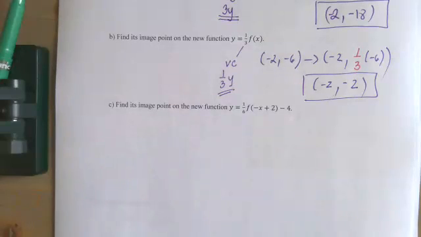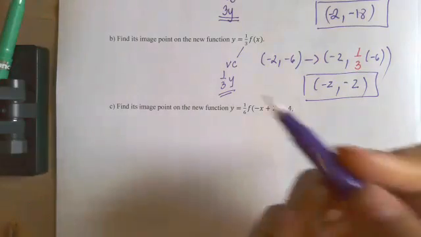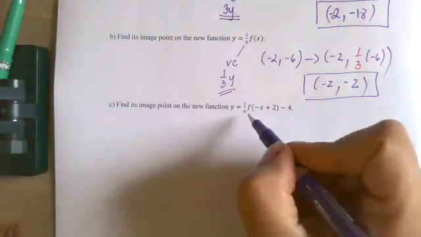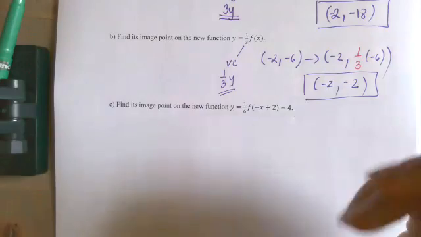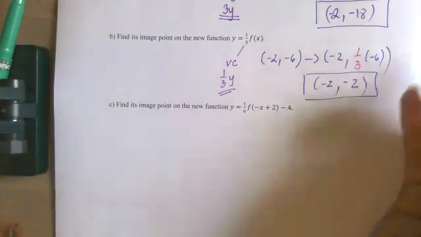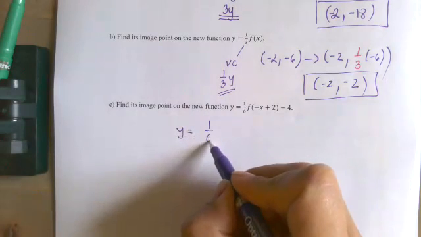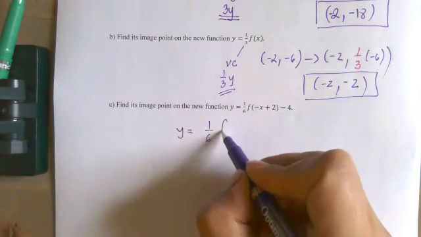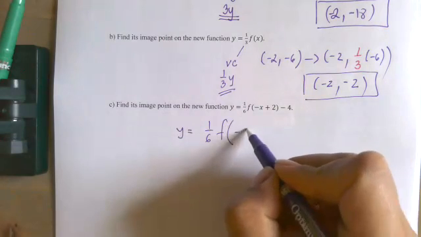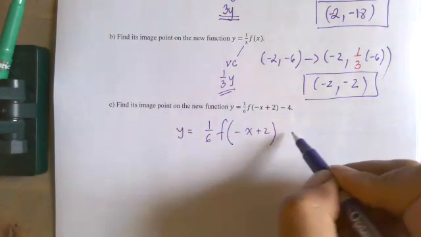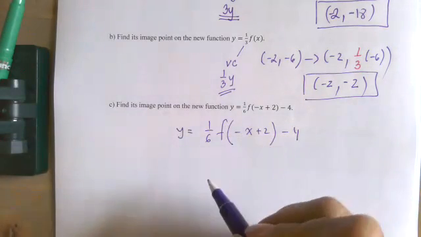Okay, so in C, we're going to put together all of the transformations we have done so far, and we have to be careful which ones are horizontal and which ones are vertical. So let's rewrite this function. 1/6 in front, f of negative x plus 2 minus 4.